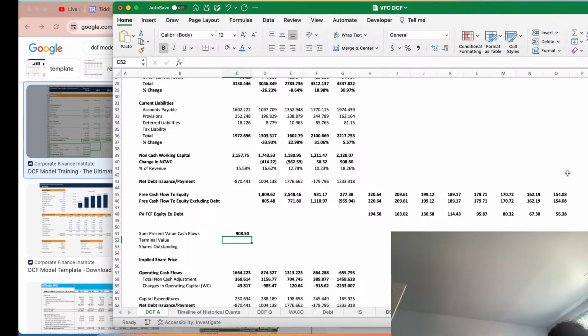A limitation of this approach is that it's based on accounting book value. It doesn't reflect the earnings power of the asset.